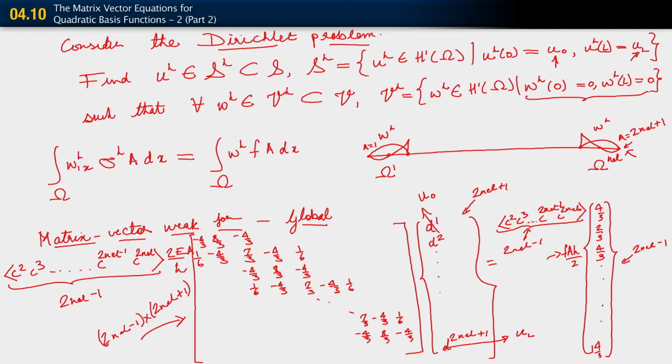We will note that the D1 degree of freedom multiplies out that column, whereas the D2NEL plus 1 degree of freedom multiplies out that column.